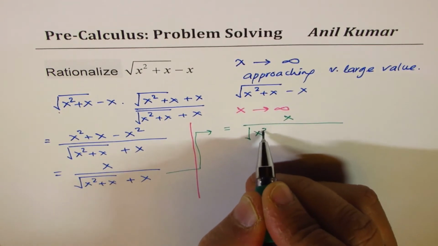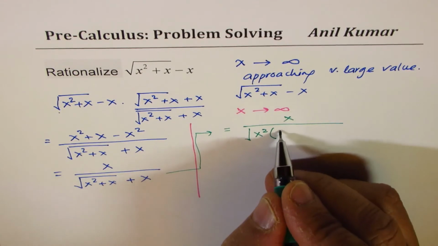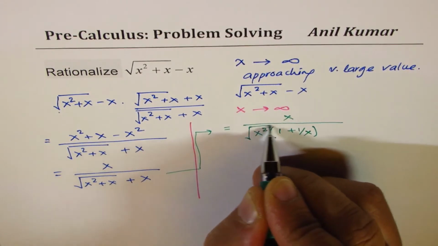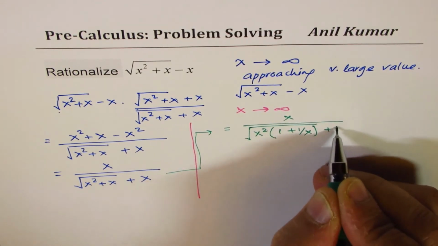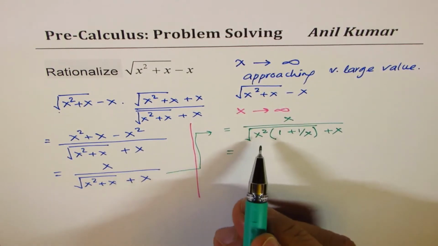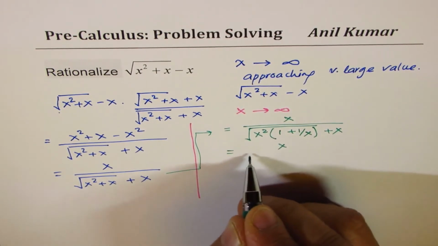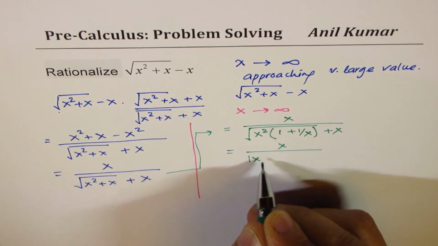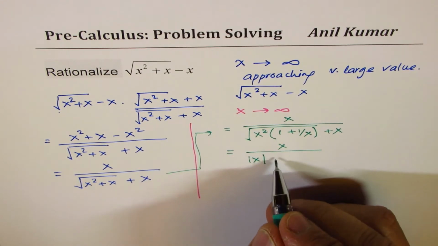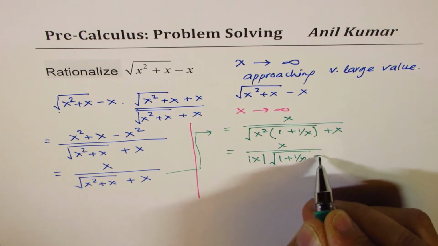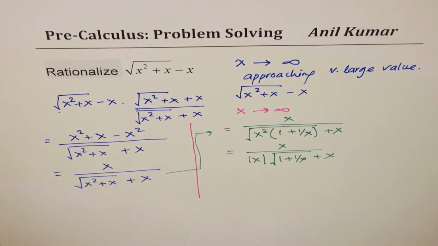So if I factor out x squared, I get 1 plus 1 over x within the square root, plus x. Now, what is square root of x squared? It is the absolute value of x, correct? So we get this over absolute value of x times the square root of 1 plus 1 over x, plus x.